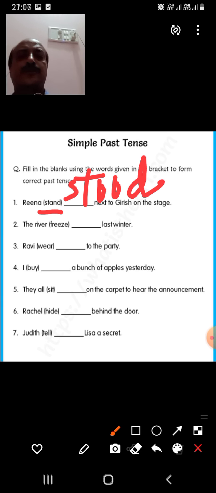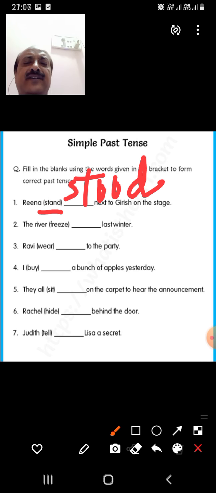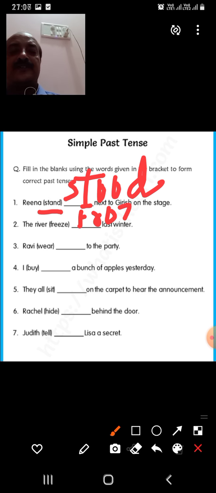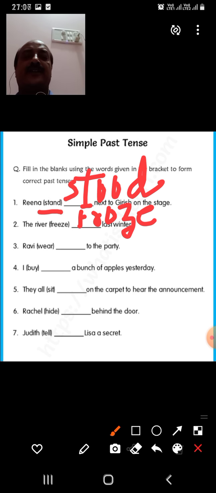Reena stood next to Girish on the stage. The river dash last winter freeze. So last winter, that is we are talking about one year before. So freeze will change to froze. The river froze last winter.